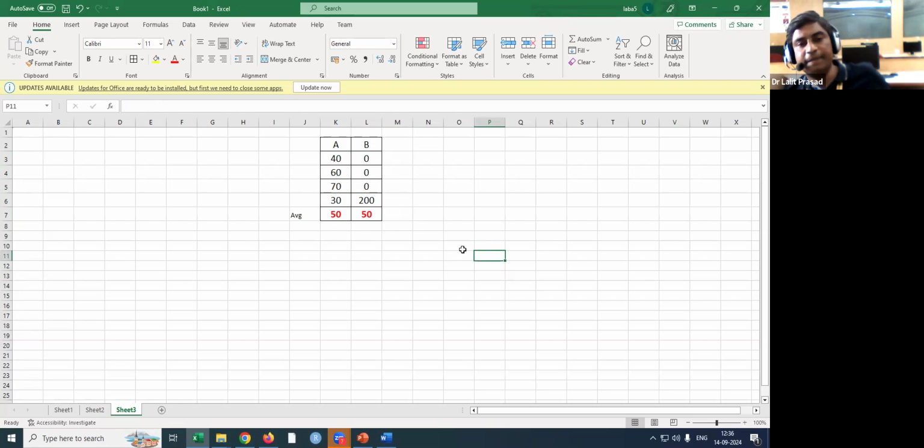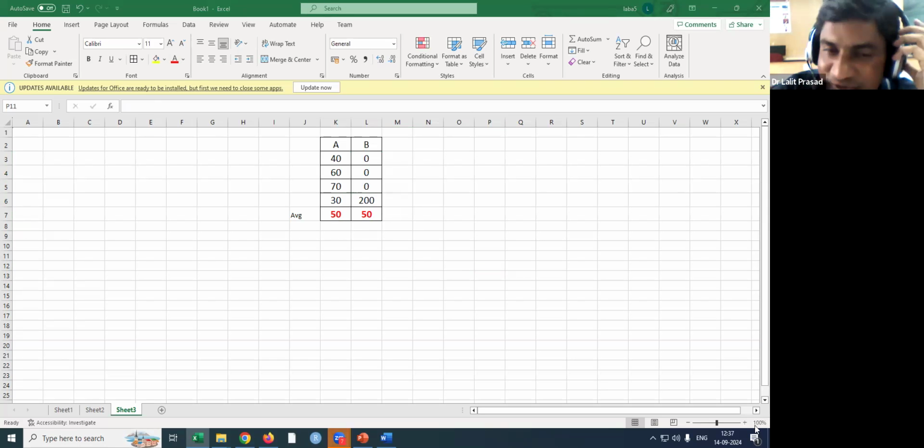Now you tell me which player you will select to play in the next match. Tell me. Player A, and the data is very small, so that's why you will be able to find out that. Yes or no? छोटा सा data है. अगर 1000 data होता तो through visual inspection, are you able to say that? I have taken the data such that you will be able to differentiate.